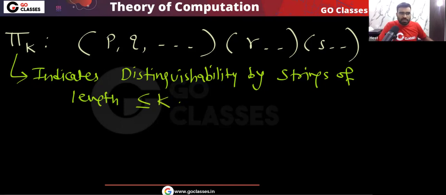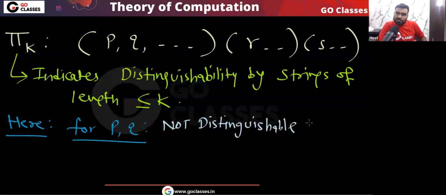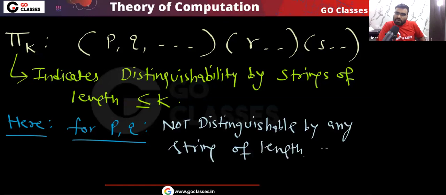So now you can easily see that if pi k is this, then for p and q, I can say that they are not distinguishable by any string of length at most k. Is this clear? They are not distinguishable by any string of length at most k.